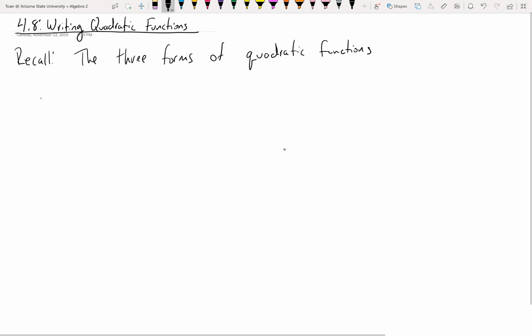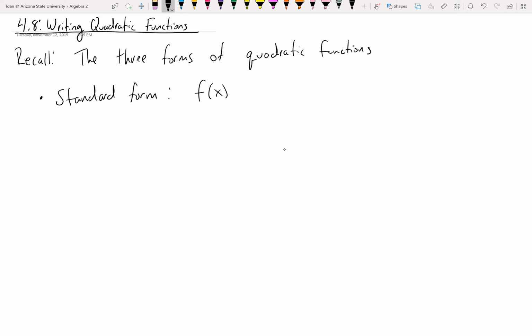We have standard form. That's where everything is loose and separate. That looks something like f of x equals ax squared plus bx plus c.